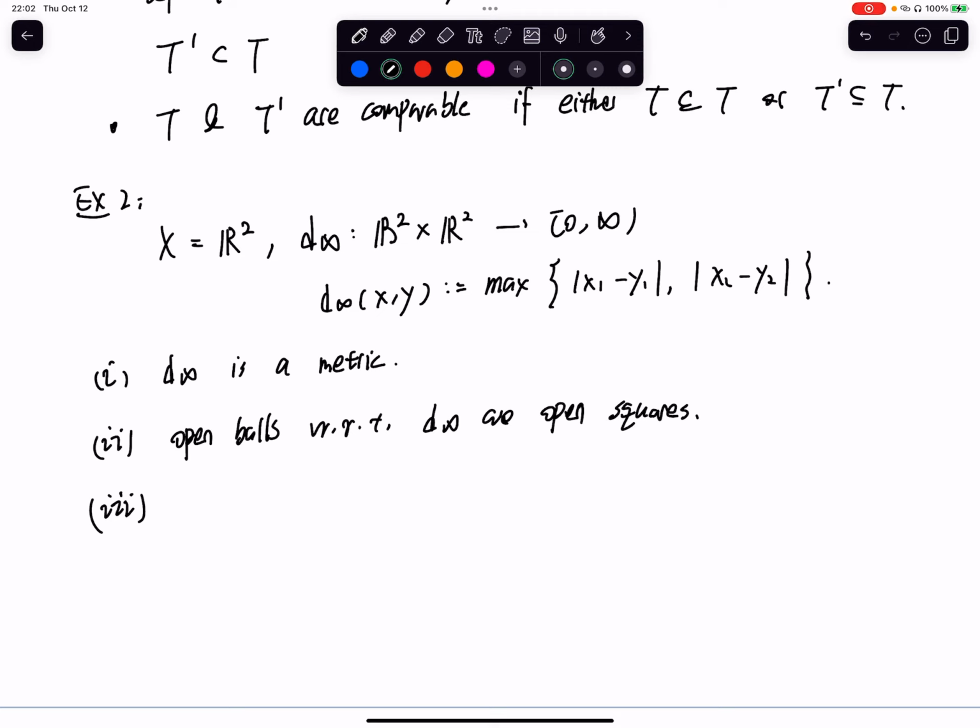So therefore, the topology derived from either the infinity metric or the Euclidean metric is the same. That is, T induced by the infinity metric and T induced by the Euclidean metric are the same. But they are different metrics. So yes, there is a topology that is generated by different metrics.